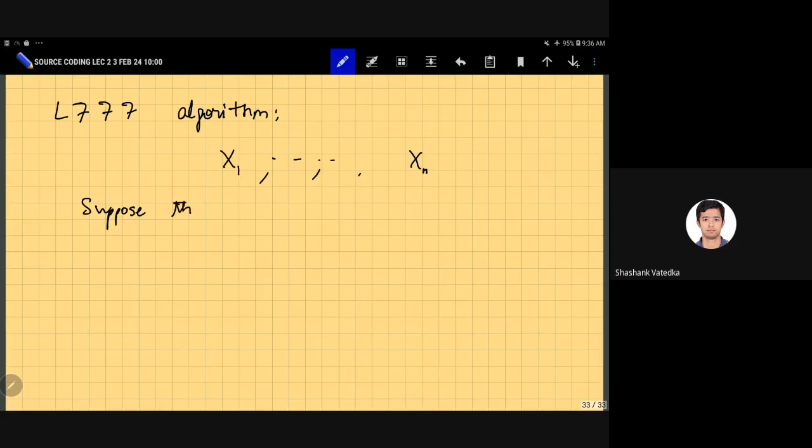Suppose that we have already partitioned x1 through xi into phrases.